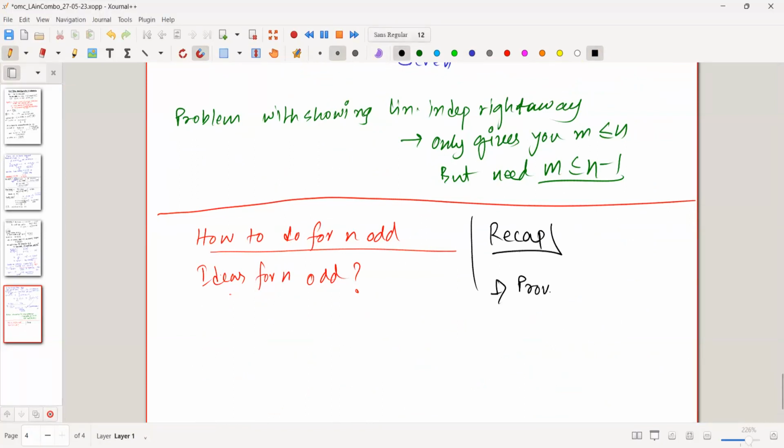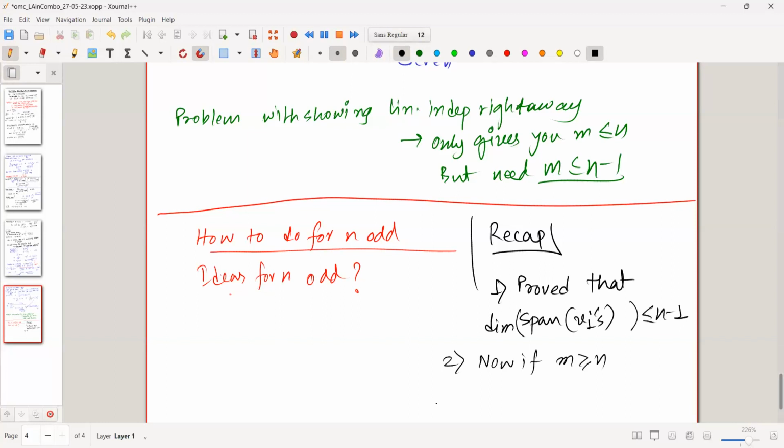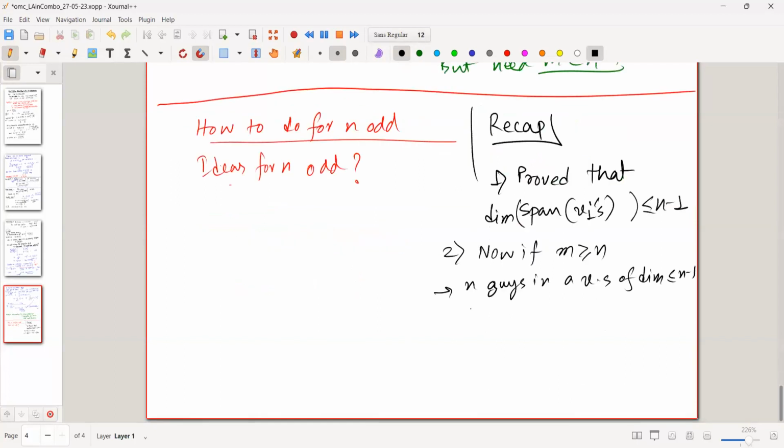So first we proved that the dimension of the span of the VIs is at most n minus 1. Now if M is at least n, then that is n vectors in a vector space of dimension at most n minus 1.